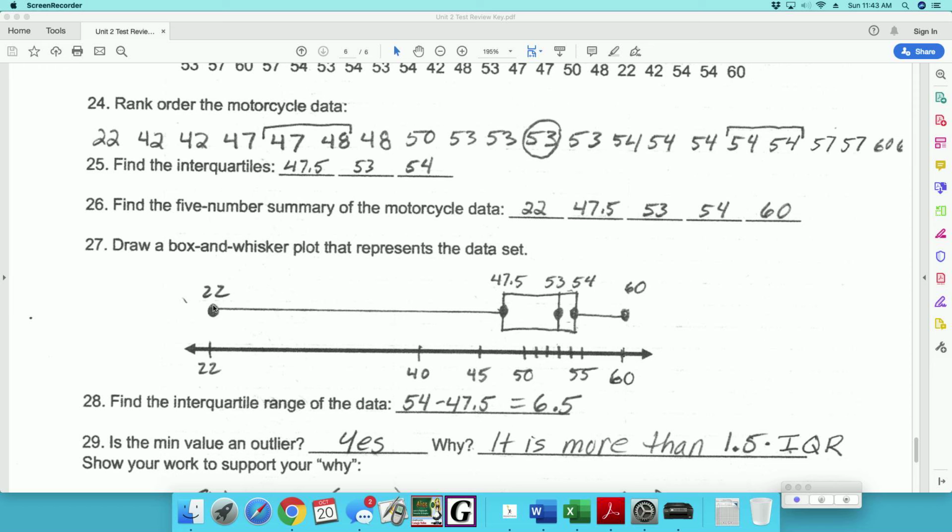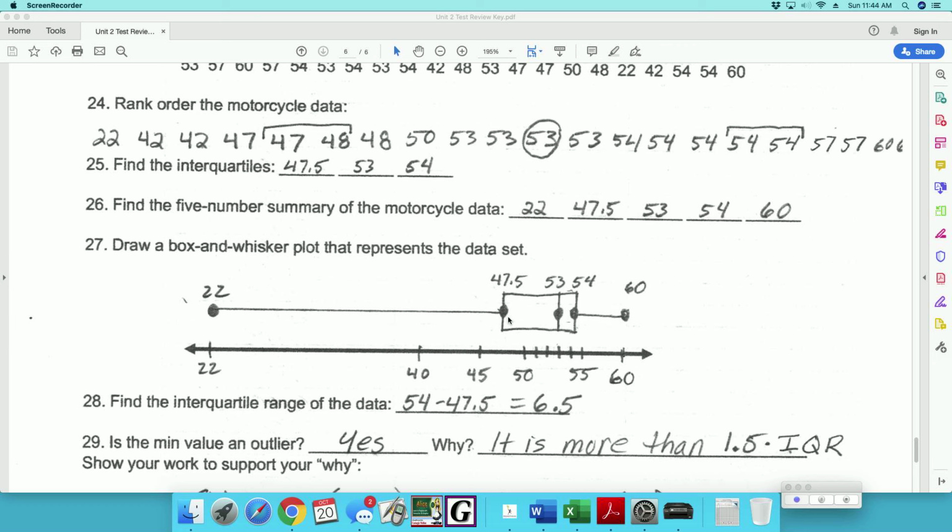Then I put a dot at our min, a dot at quartile 1, a dot at quartile 2, a dot at quartile 3, and a dot at the max. Then at our quartiles, I drew a vertical line through each of these 3 dots, and then I put a top on it and a bottom on it.